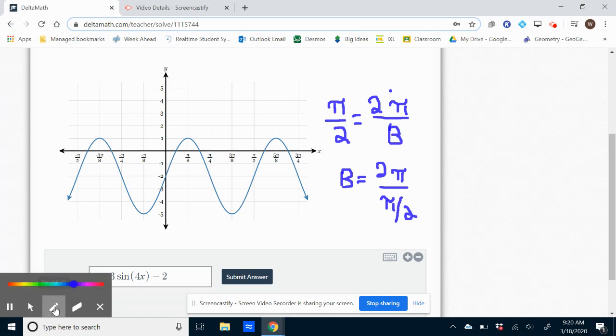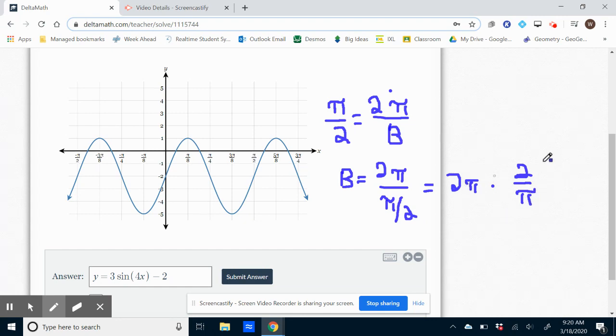But again, if you need to do it algebraically, keep change flip. So 2 pi times, instead of division, change to multiplication, and then flip to 2 divided by pi. And I'm sorry for the horrible handwriting. The only way I can write here is with the mouse.